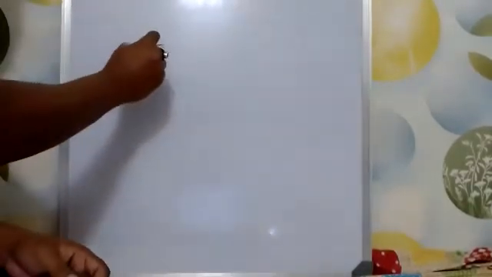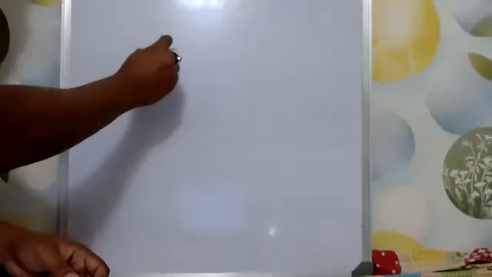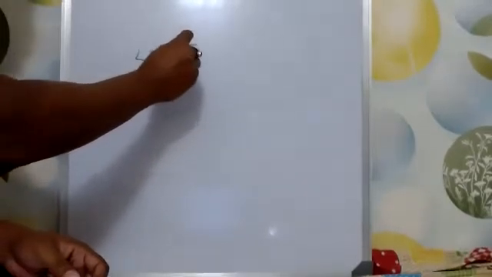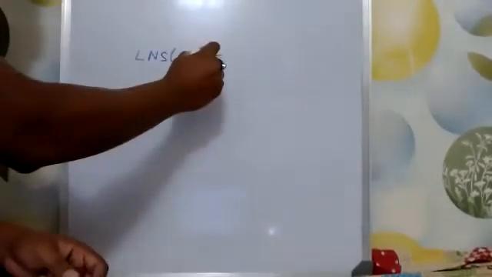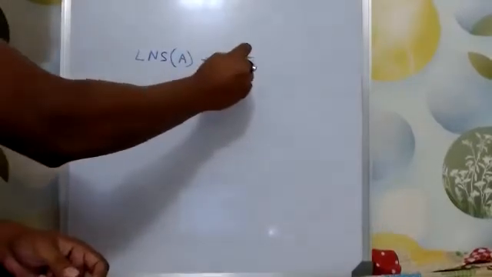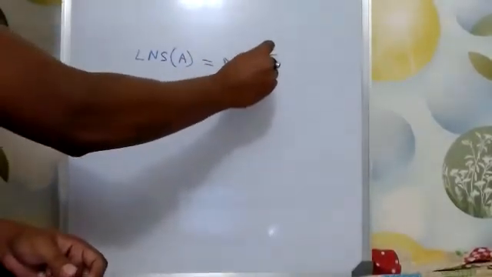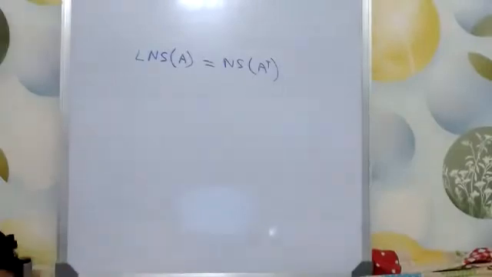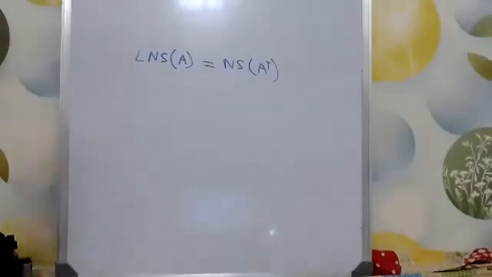Okay. So left null space is comparatively a little simple. The left null space of A is actually the null space of A transpose. So we read about the null space of A, right? So the left null space of A is the null space of A transpose.